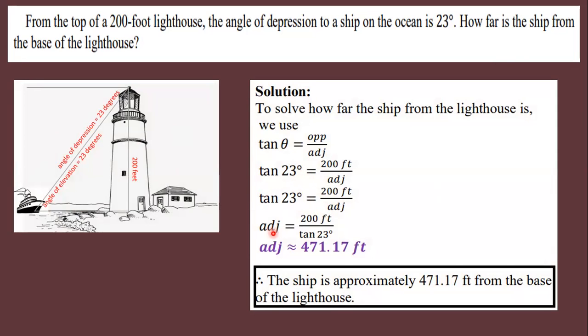Therefore, adjacent is equal to 200 feet all over tangent 23 degrees. When you solve for that, it's approximately 471.17 feet. Therefore, the ship is approximately 471.17 feet from the base of the lighthouse.